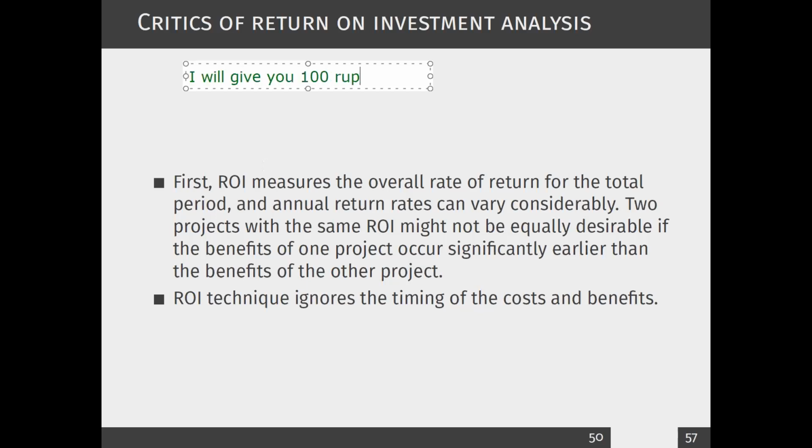Option B: 100 rupees 1 year after. Which one do you prefer, A or B?